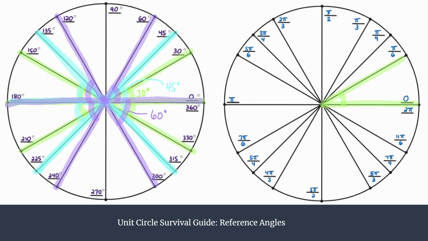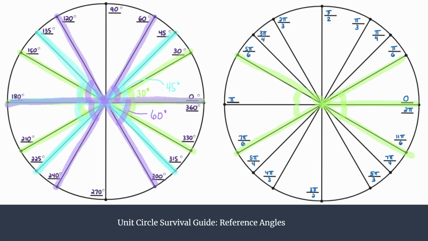So we have pi over 6 radians of rotation needed to get back to the x-axis. You can see the same will be true for 7 pi over 6, 5 pi over 6, and 11 pi over 6. So on the unit circle, all the angles that have a pi over 6 have a reference angle of pi over 6.